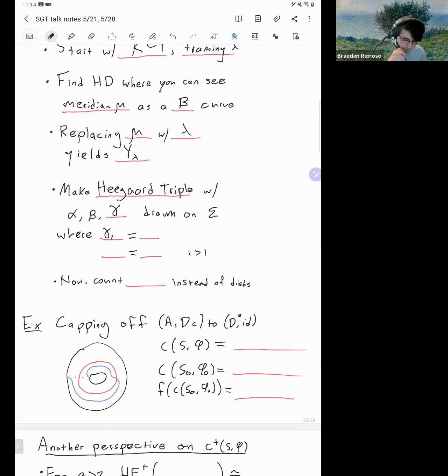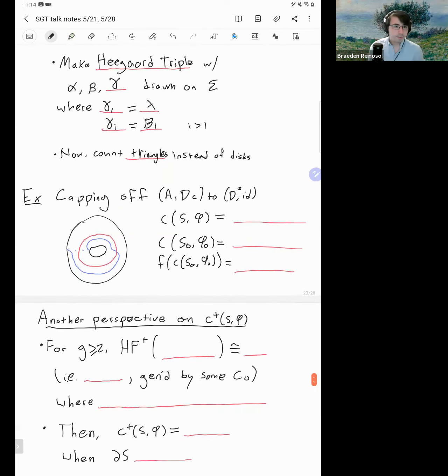You're just going to set gamma 1 equal to the curve that you replaced mu with, so just your framing lambda. And then your gamma i is just going to be your original beta curves for i greater than 1. And then finally, to make your map, instead of counting disks, you simply count triangles. You need to count them in a special way, which I'm going to completely gloss over, but essentially you're counting triangles.